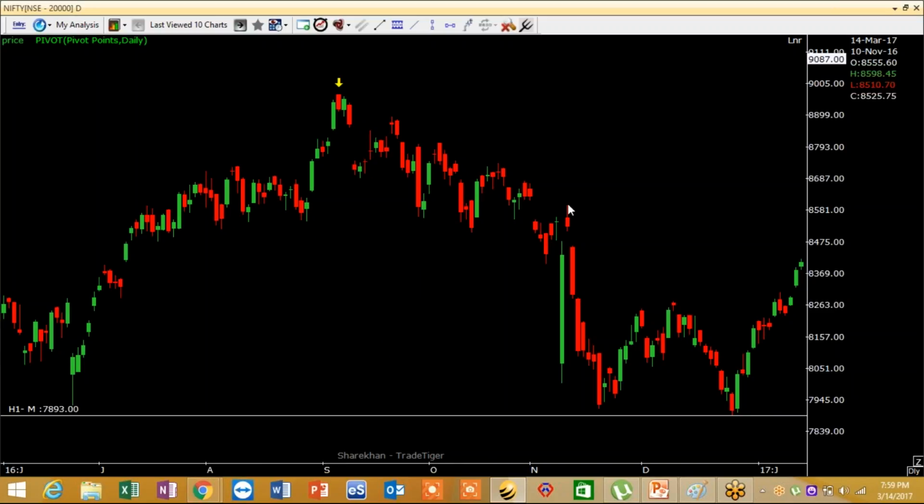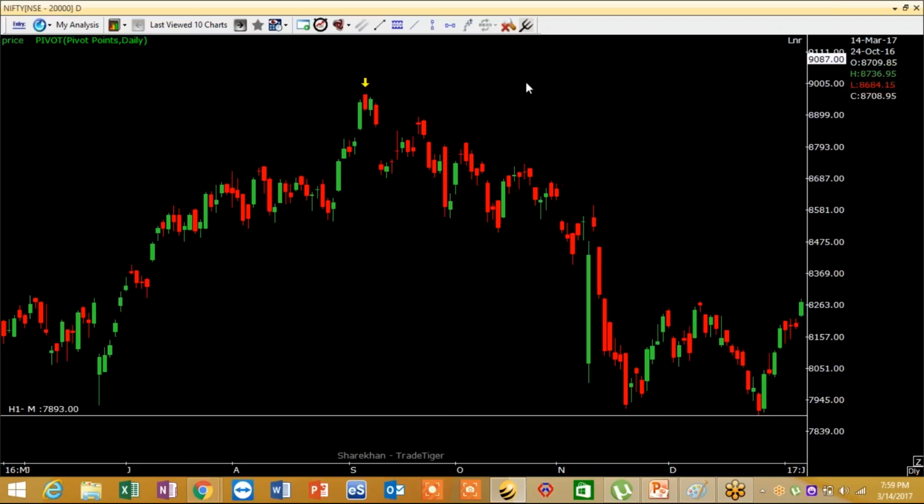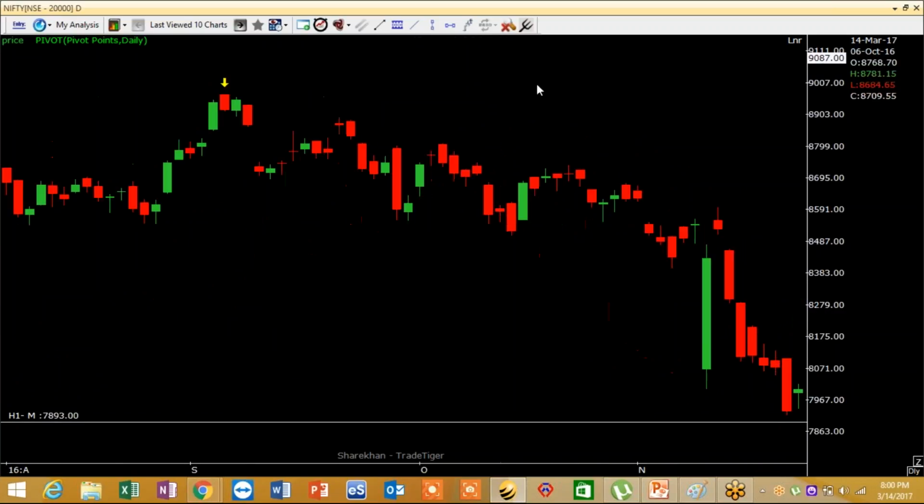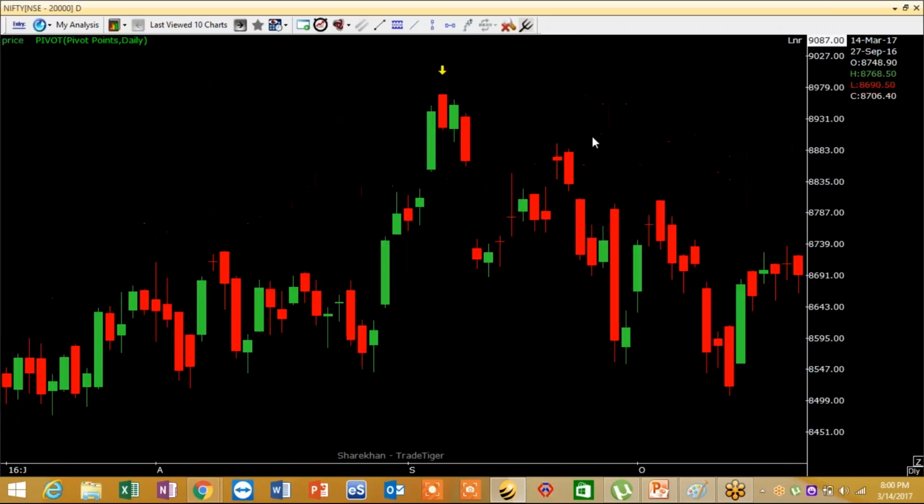Can you hear the voice now? So what I was saying is, look at this particular candle. Does this candle apply to our theory? This one, the arrow where I have put.